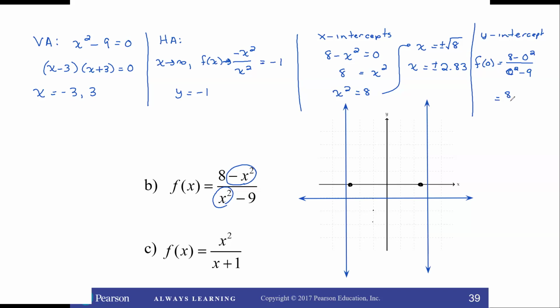So I'm going to have 8 over 9, but 9 is negative, so it's negative 8 over 9. This is approximately negative 0.89. So approximately right here.